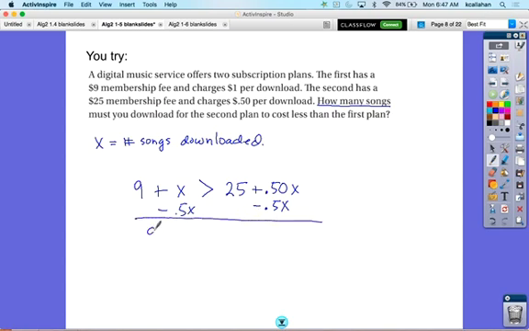So now we have 9 is greater than 25 plus 0.5x. That was a plus, sorry. All right, subtract 9.